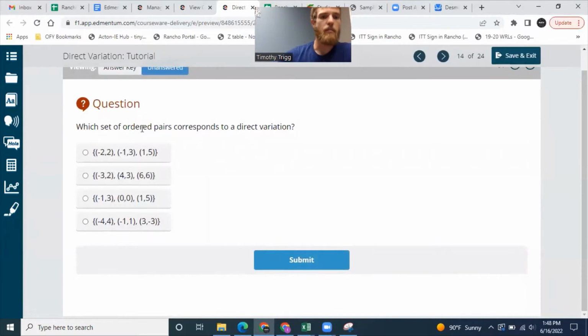We're going to see which set of ordered pairs corresponds to direct variation. So two things. One, the group of points should form a line. And also that line should have a y-intercept of 0. In other words, when you do y equals mx plus b, the b should be 0. So let's figure out which of these groups of coordinate points would form direct variation.